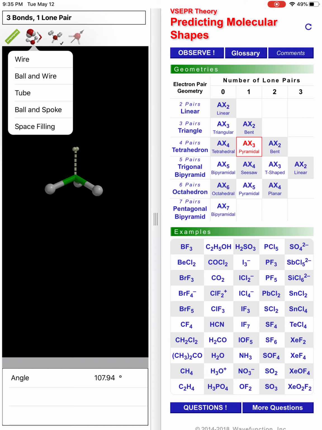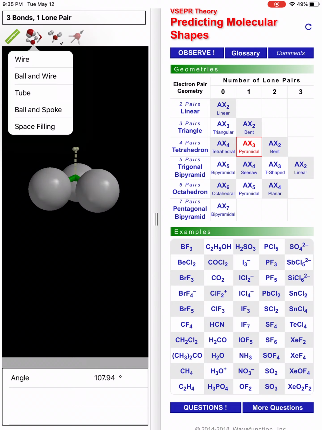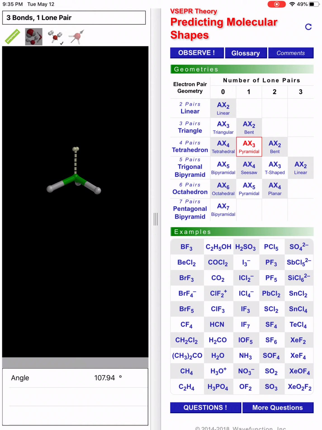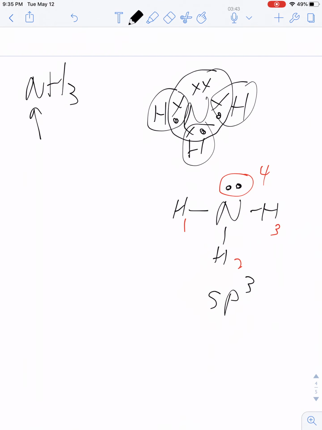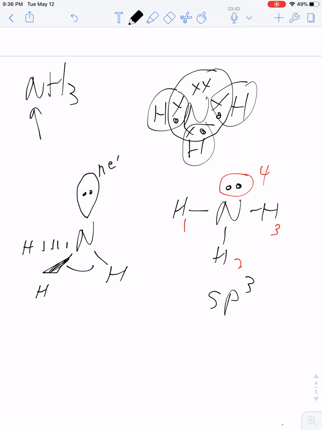I'm just going to show you that, all right. So if we go back, we try to draw it. So like methane, the lone pair has got negative charge.